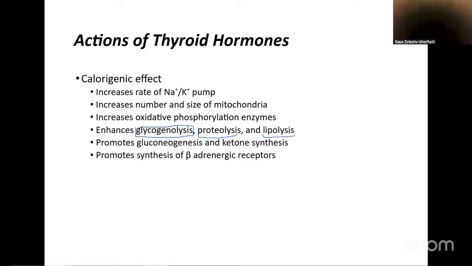lipolysis, right? Because overall, what we're doing is making more ATP, right? We're making available energy for the body, okay? So we are going to be upscaling all sorts of stuff related to metabolism. So we're going to be increasing how fast our sodium potassium pumps are working.